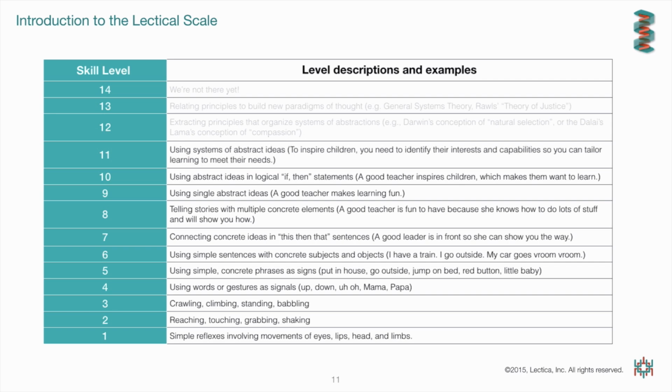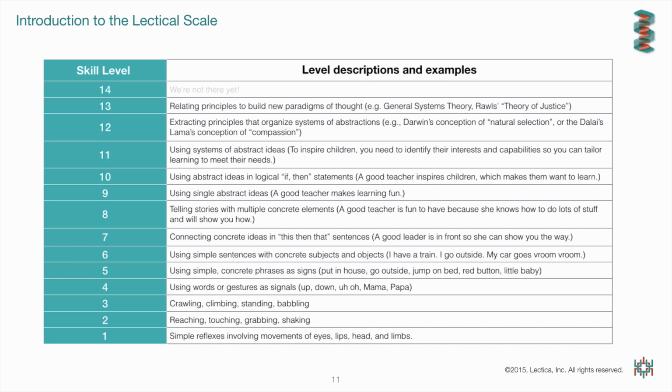At level 11, adults construct systems of abstractions, such as, "to inspire children, you need to identify their interests and capabilities so you can tailor learning to meet their needs." At level 12, a few adults begin extracting principles that organize systems of abstractions, such as Darwin's conception of natural selection or the Dalai Lama's conception of compassion.